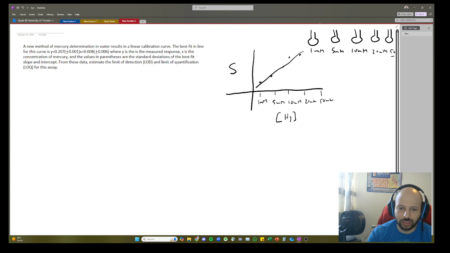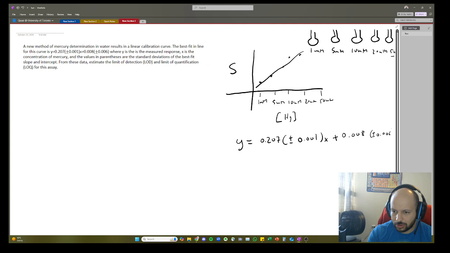This calibration curve has an equation of the line of y equals 0.207 plus or minus 0.001 times x, plus 0.008 plus or minus 0.006.